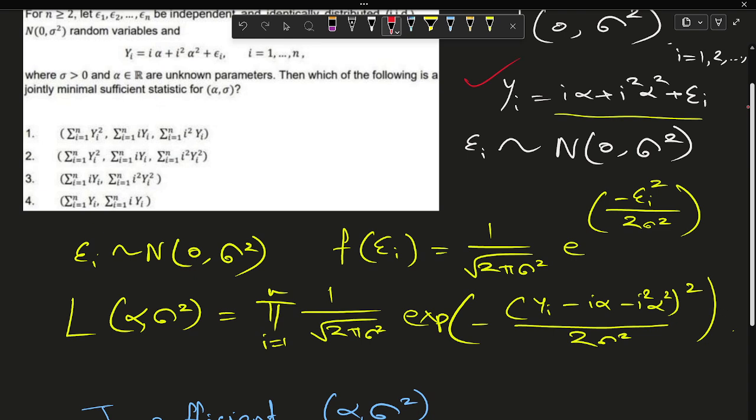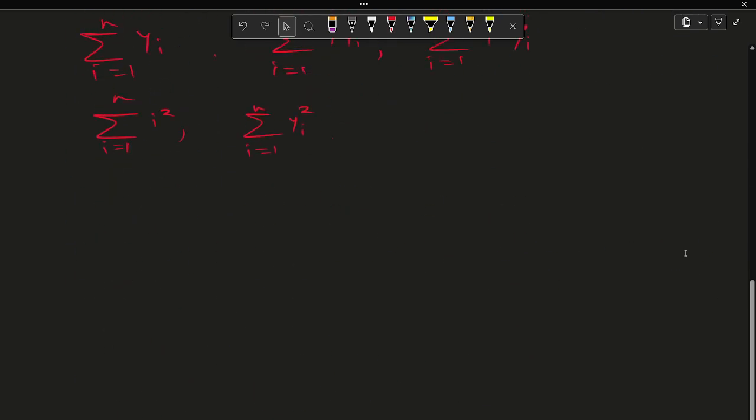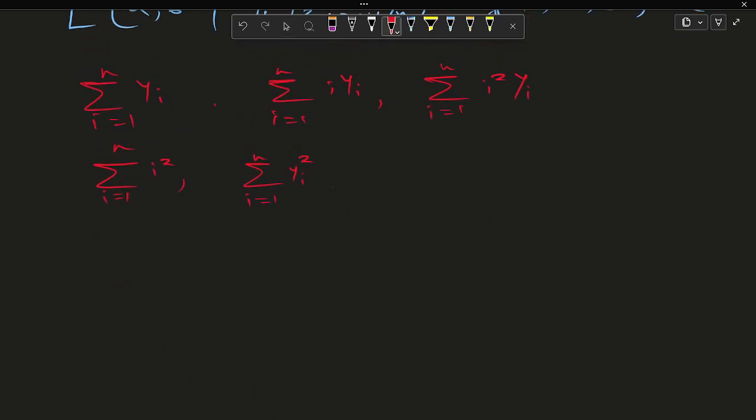The jointly sufficient statistics are these, and we can write them in order like this.